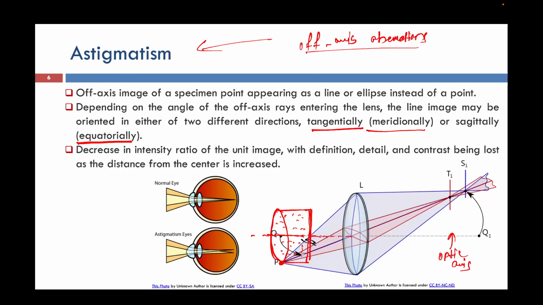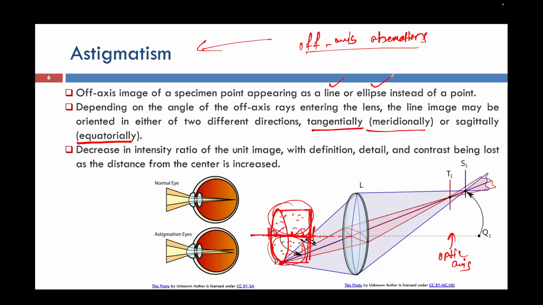I will get a good image for all the points which are lying from here to here. I'll get all the points here in the image also. But for all the points mentioned here, I will not get a point. What I will get is either a line or an ellipse. So that kind of aberration is known as astigmatism.